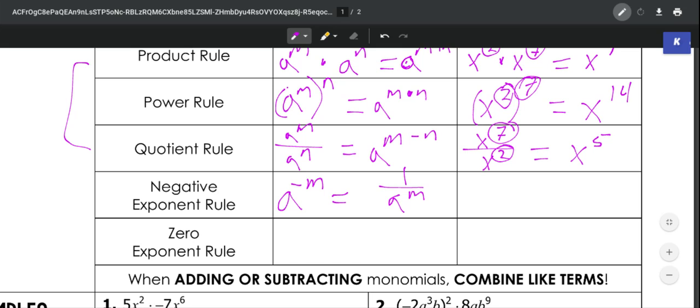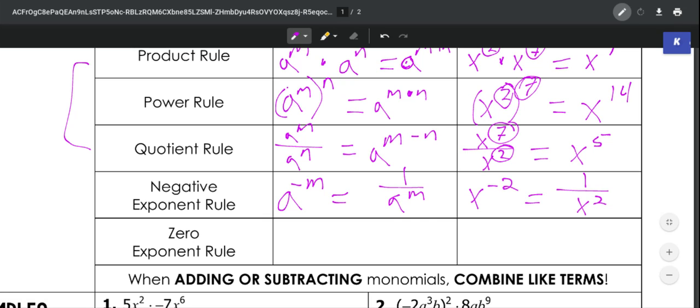If it's on the bottom and it's negative, we move it to the top. So a real life example of that is x to the negative 2. That's going to give me 1 over x squared. So you can see that I had x to the negative 2. If I want to simplify that, x to the negative 2 becomes x squared, and it just goes to the bottom of a fraction.